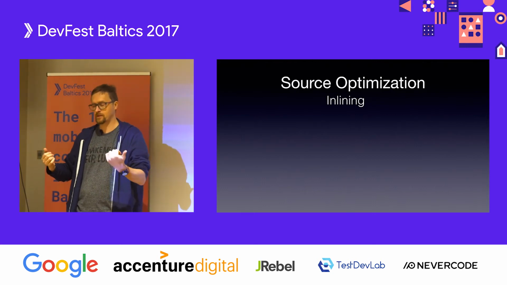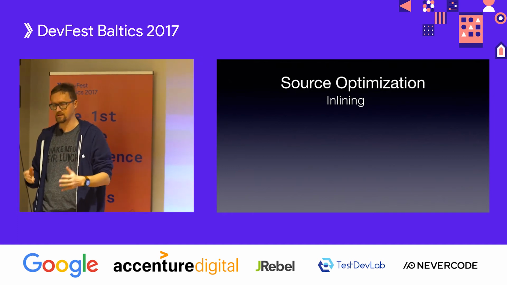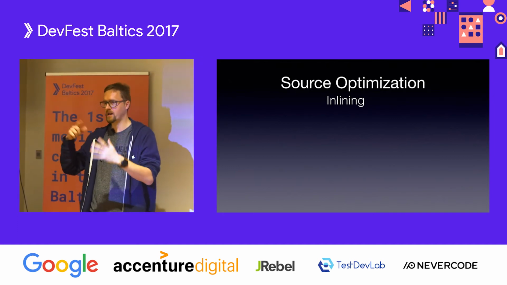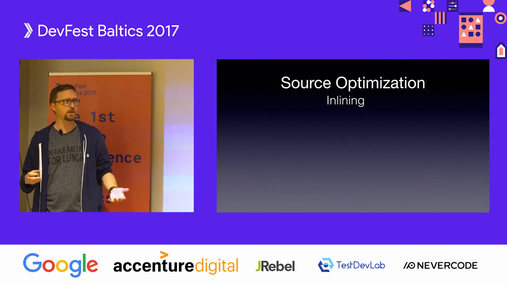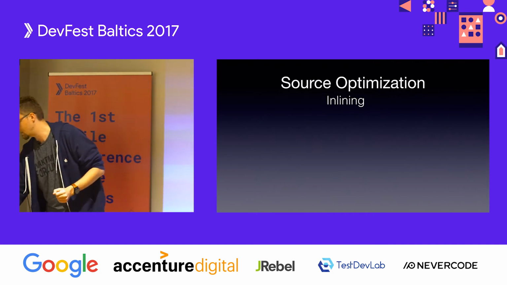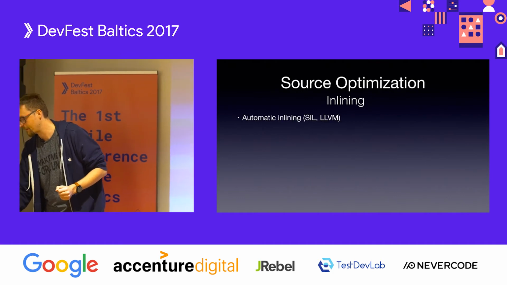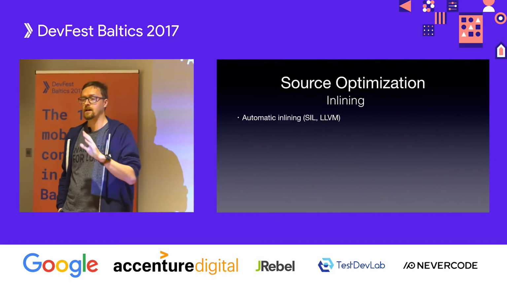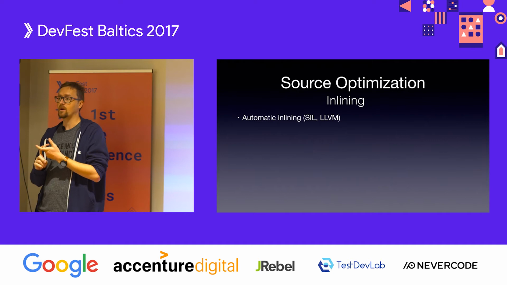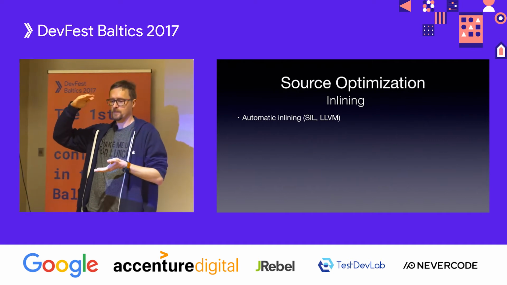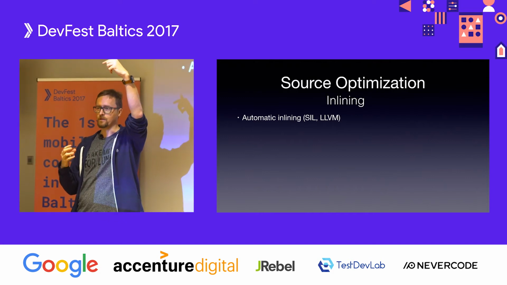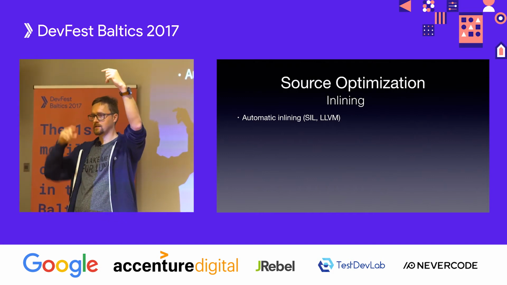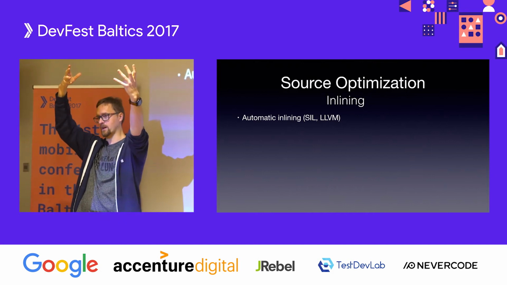What are the benefits? First, a call to a function always takes something. You have to find the address and so on. You have a stack, right? Well, stack is cheap, but the other benefit is, if you call a function, you cannot optimize the body of that function because it's a separate function, right?